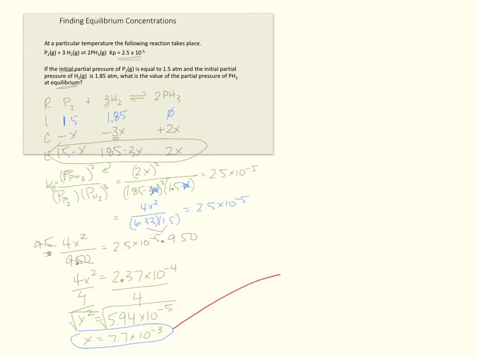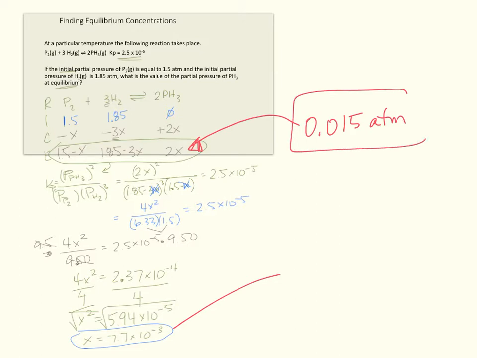And it says the partial pressure of PH3 at equilibrium is 2 times x. So we're going to have to multiply this by 2. And so we get 0.015 atm. So that's just x, this times 2 gives us that.